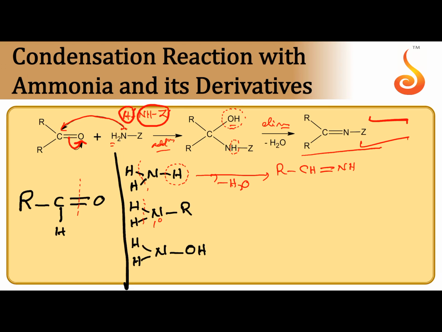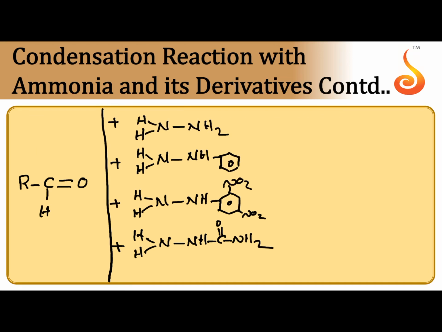Similarly, if a 1 degree amine is taken, the product obtained is RCH=NR, N-alkyl aldimine. This is also called Schiff's base. If it is hydroxylamine, you can get RCH=NOH. This is called oxime. Very, very important compound.